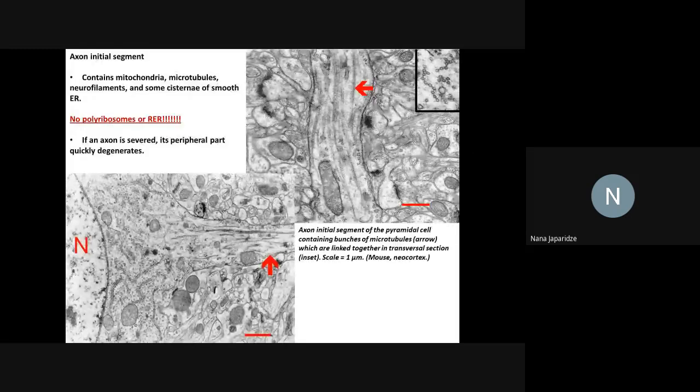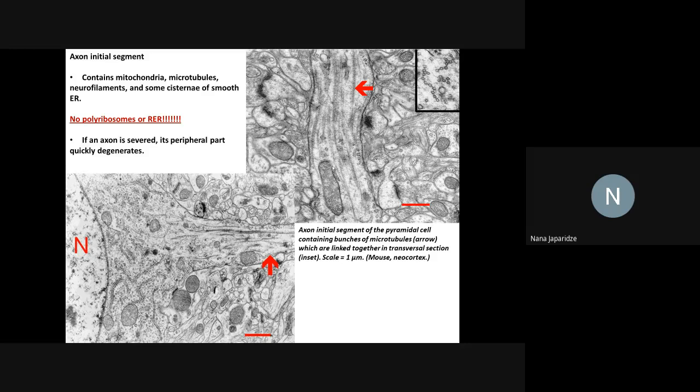So on this image, you see this is much higher magnification. Again, neuropil is visible here without cell body, and you see the axon initial segment, which is magnified.